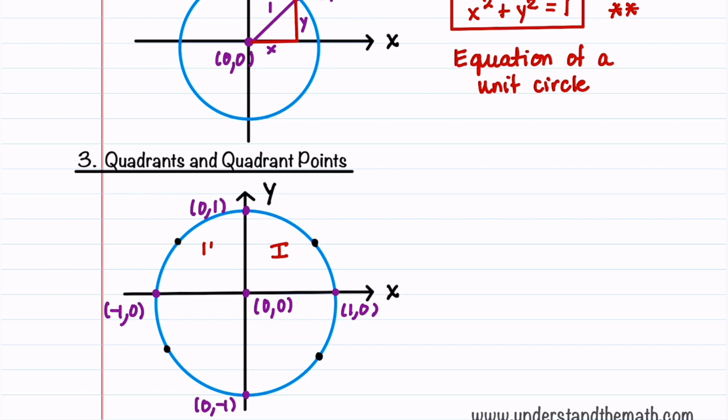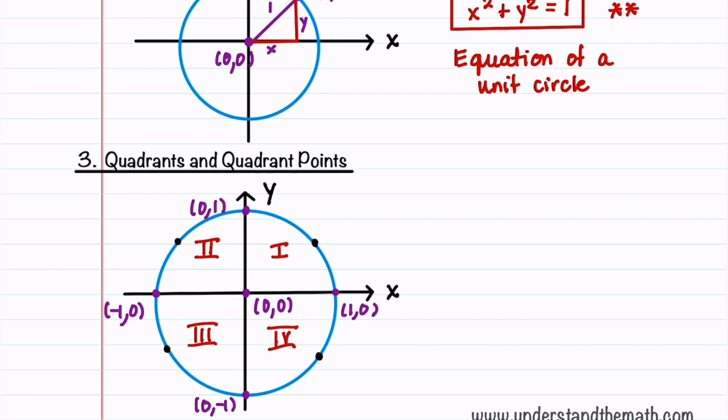Quadrant 2 is in the upper left part of the circle. Quadrant 3 is the lower left part of the circle, and quadrant 4 is the lower right portion of the circle. It is typically done that the quadrants are written in Roman numerals.